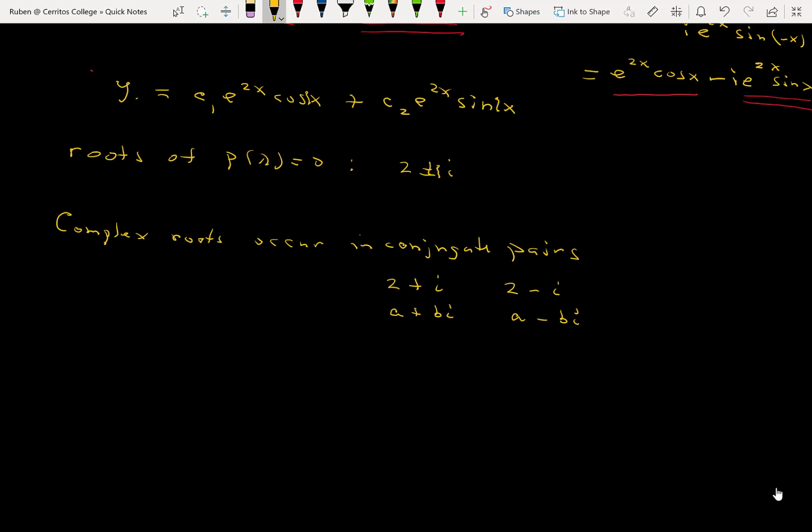The most important thing is that if we know a conjugate pair of roots, then we automatically get two linearly independent solutions from them.